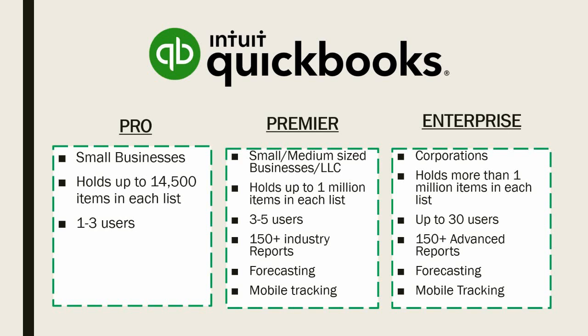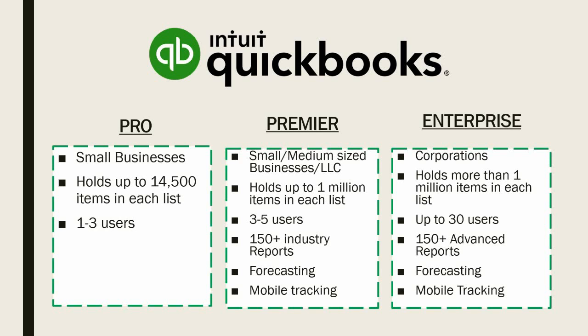And because of the number of employees they can have, they can allow up to 30 people to use and access the file at one time. And we'll talk about multi-user mode in a couple of slides from here. So that's the capability of using the file at the same time.